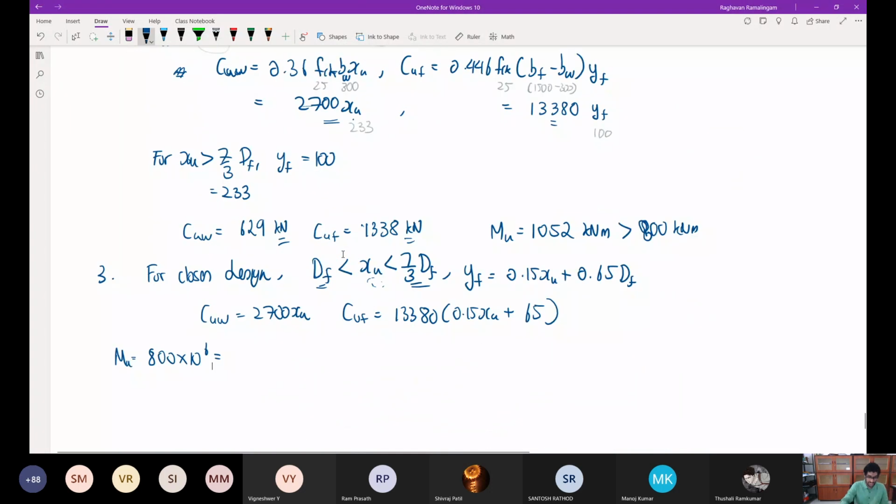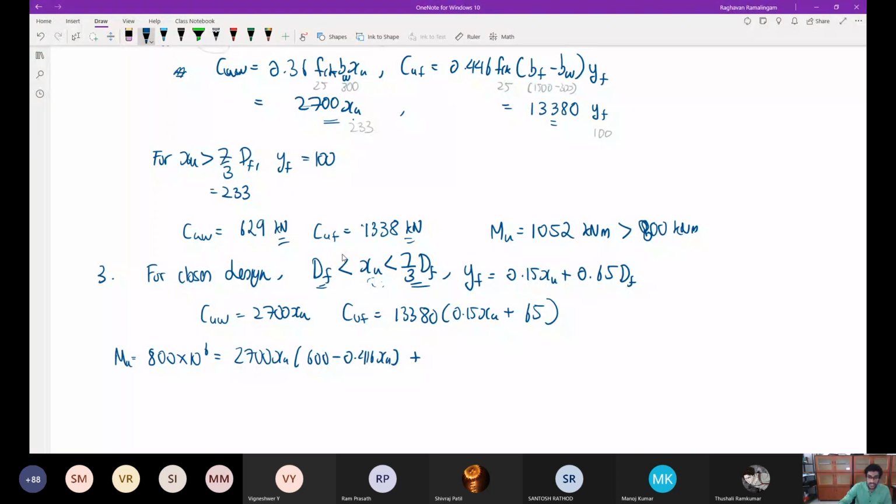So CUW is 2700 XU. I'll have to write this a bit carefully. 2700 XU times D minus 0.416 XU, which is 600 minus 0.416 XU. That's the CUW part. Then you have this part, where is it?